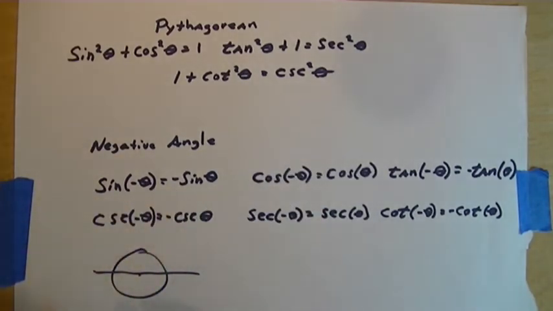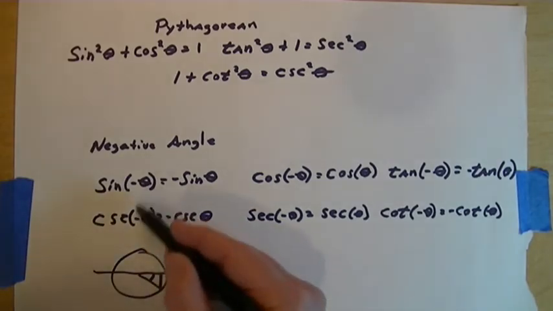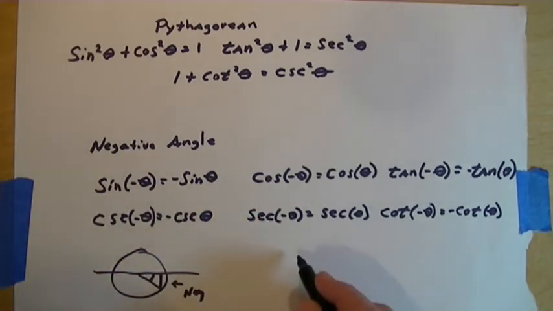That's pretty straightforward. And you can look at some examples on the unit circle. If I have a negative angle, then my sine is going to be negative. That makes sense. And you can work that out just by looking at your unit circle. Likewise, of course, these are inverses, so they're going to be exactly the same. The cosecant is always going to do what the sine does. Likewise, secant is going to do what the cosine does.